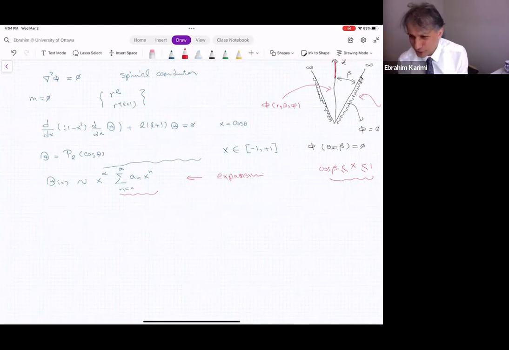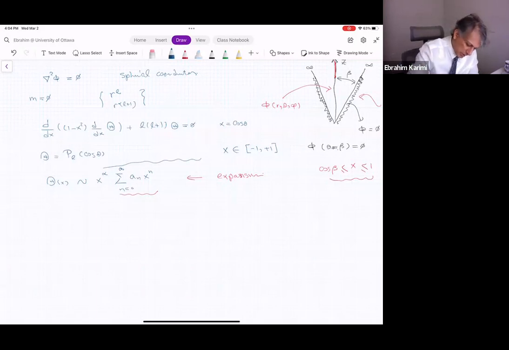Let's do a little bit of cheating. We don't like to do the expansion around x equal to 1. You can do that, no problem at all. Let's rewrite the equation with a new variable. What is the new variable?